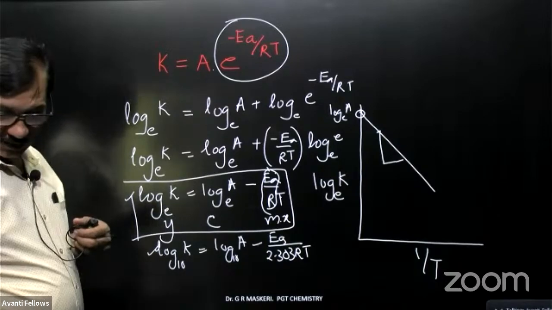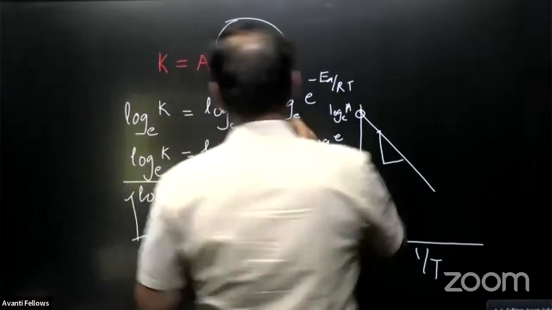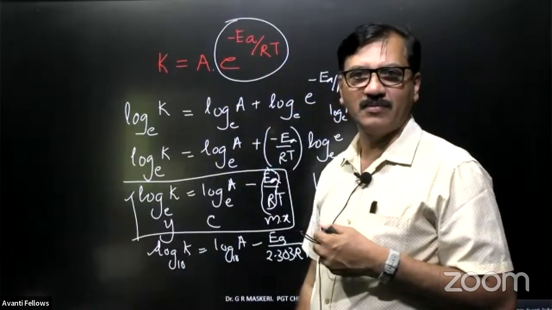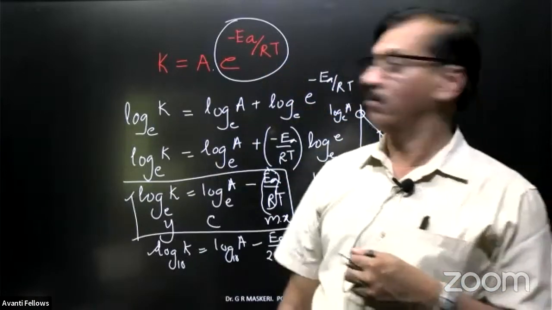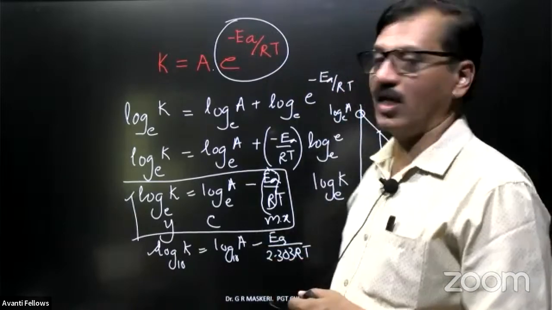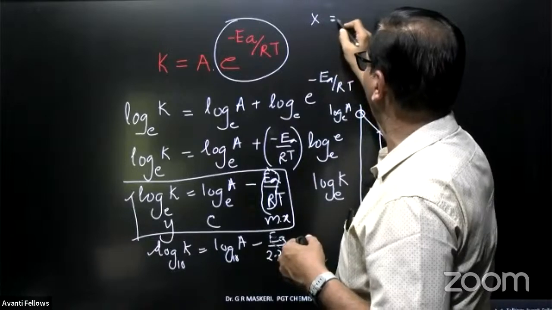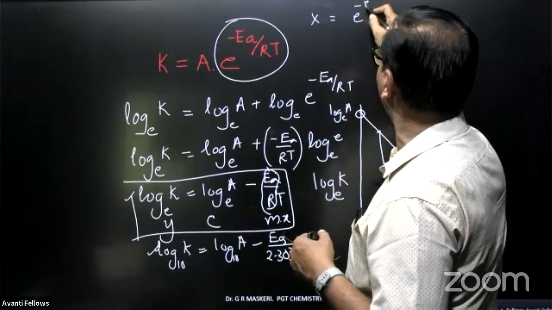Now, here I have written e to the power minus Ea by RT. How do you find out this fraction, e to the power minus Ea by RT? Let us take x is equal to e to the power minus Ea by RT.